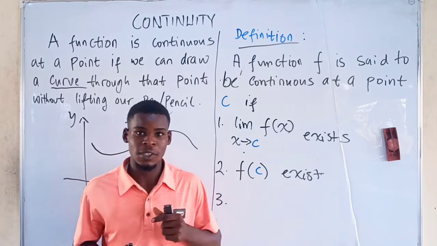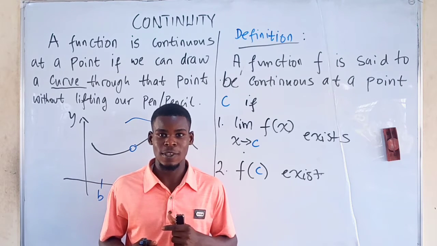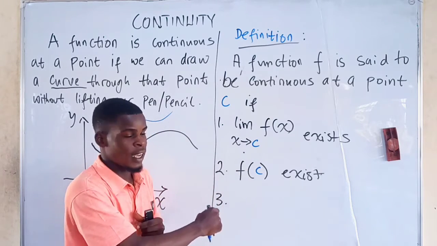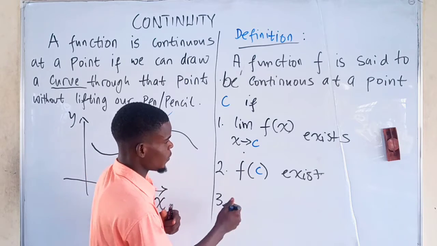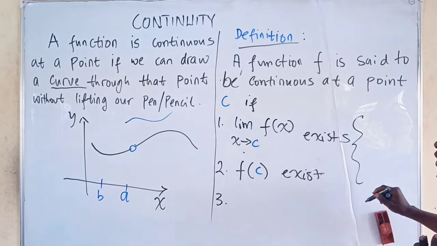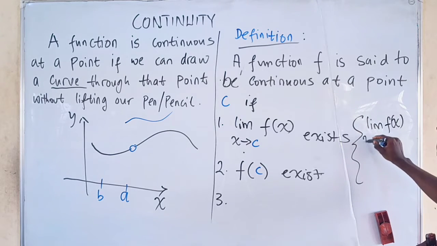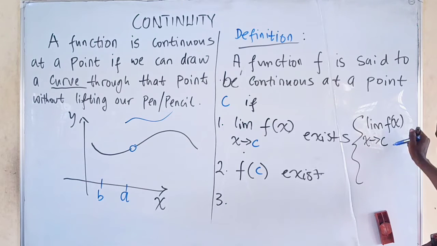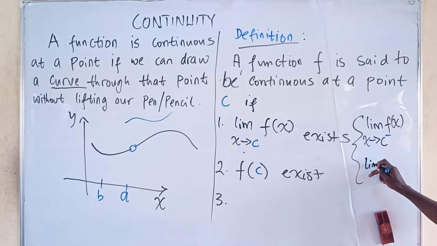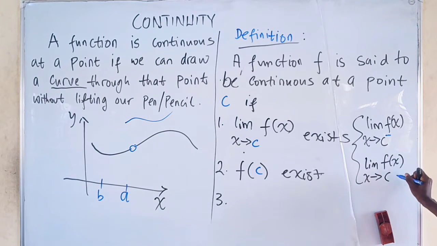Now, for a limit of a function at a point to exist, as we discussed in one of our videos on the existence of limits, we talk about one-sided limits. That is, the limit as x approaches c from the left, which we write as c raised to the power negative, and the limit of the function as x approaches c from the right.